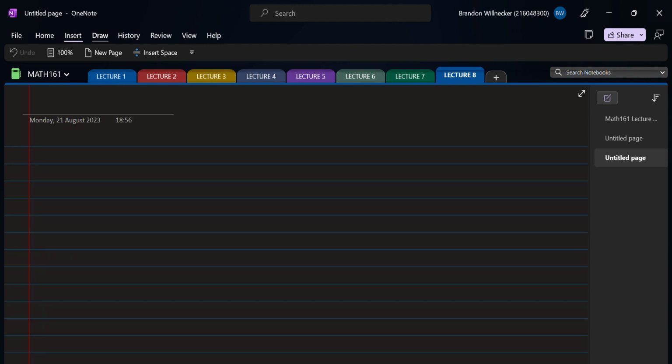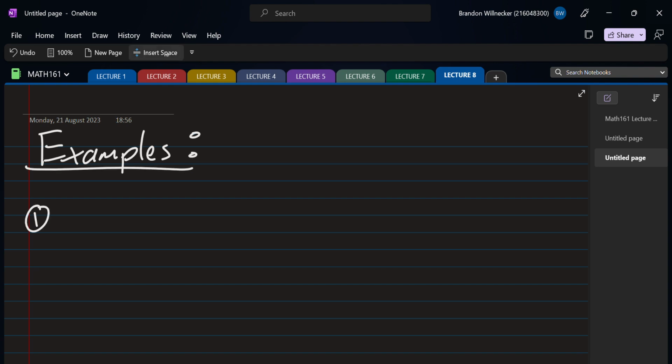Okay, so let's have a look at some examples. Okay, so number 1, an is equal to n minus 1 over n plus 3. Okay, so this is a sequence. Here we have just defined what each element is going to look like.